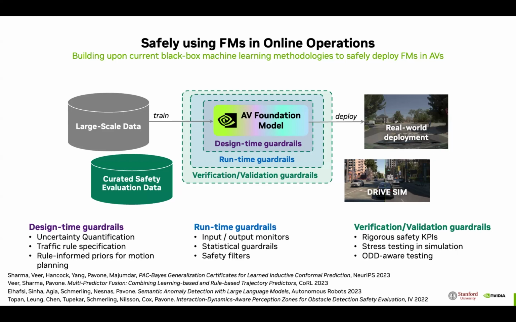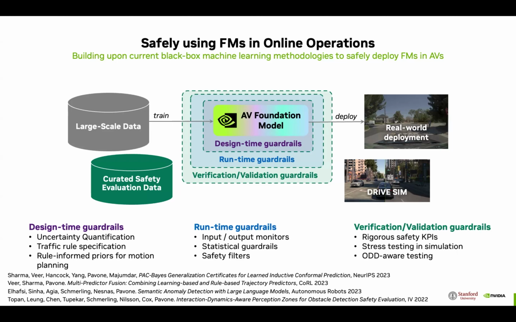Building a safe product really requires you to reason about safety across the product lifecycle, from when we design it, building design time guardrails, for example, making sure that the model is trained on safe behaviors, to building runtime guardrails, for example, runtime monitors that monitor the autonomy stack at the input level or output level, or through other monitoring signals, and of course, at validation time.